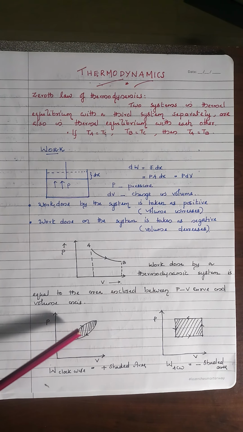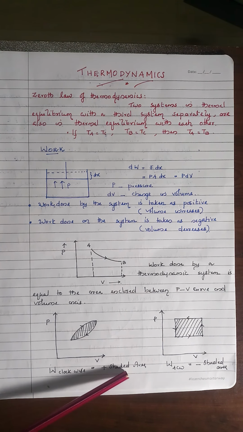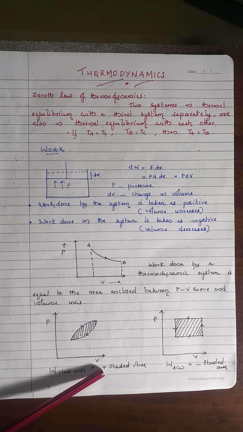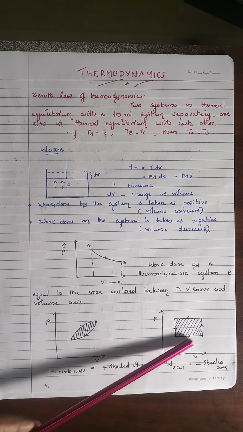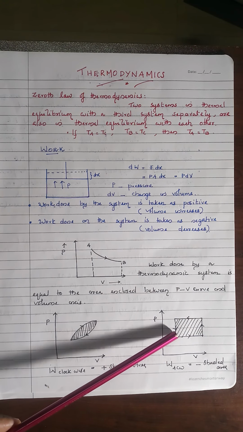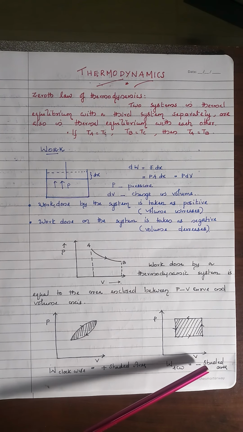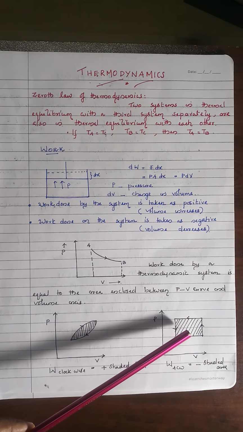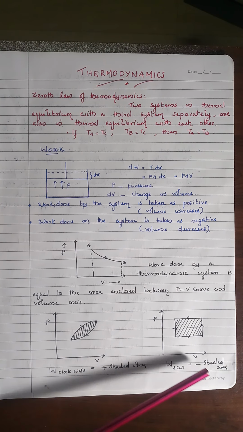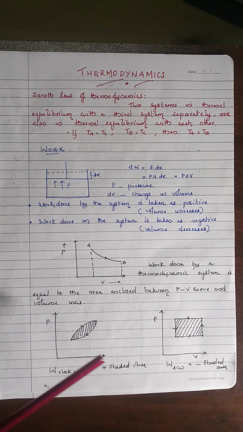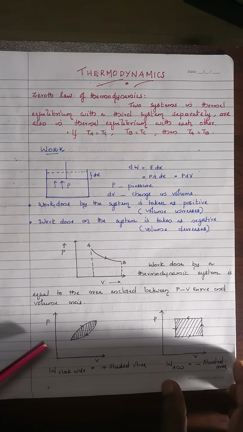The work done is the shaded area, but we take a sign convention of plus. But for an anti-clockwise cycle, the work done is the shaded area, but the direction is negative. Very important sign conventions for cyclic processes: clockwise as plus and anti-clockwise as negative.